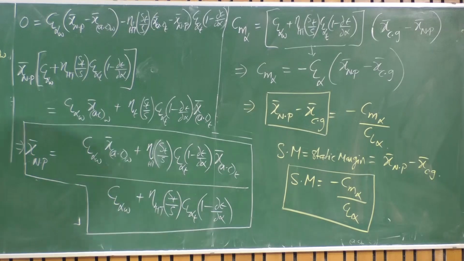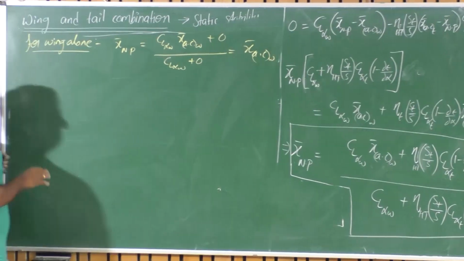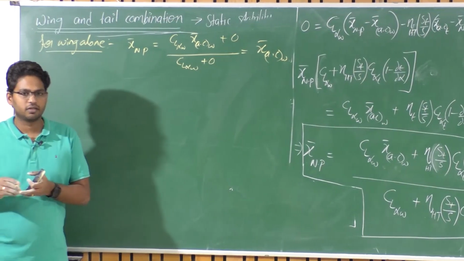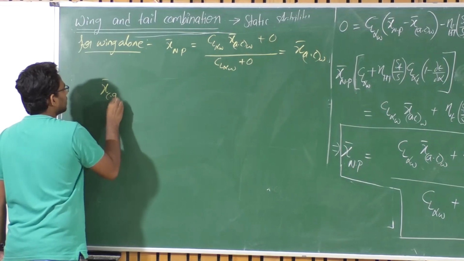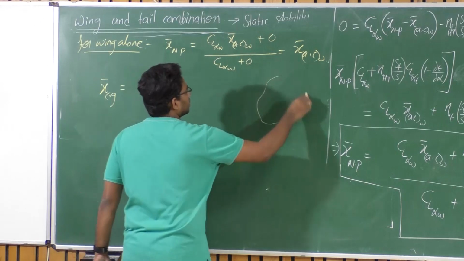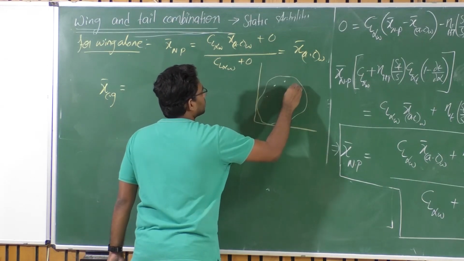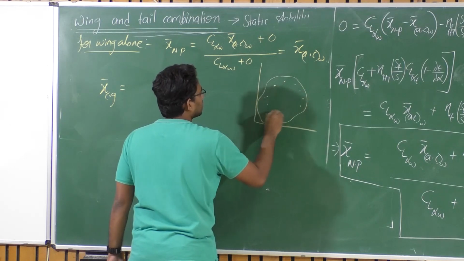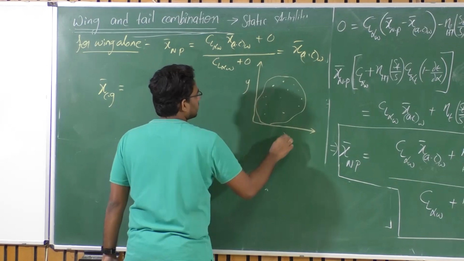Okay. So now let's look at this neutral point in more detail. We have calculated CG earlier, right? How have we calculated? So x bar CG in general, if you consider a mass made out of M1, M2, and so on, you have the y-axis and x-axis.